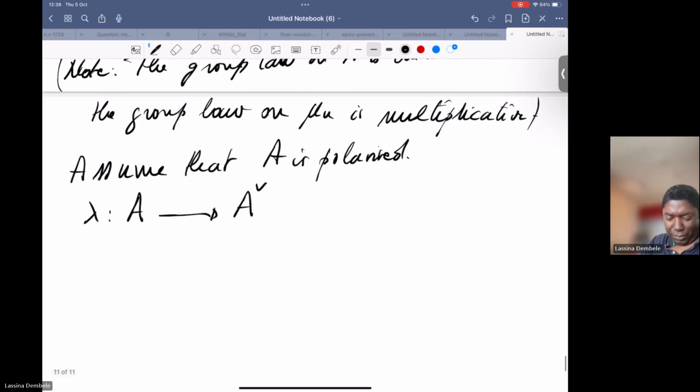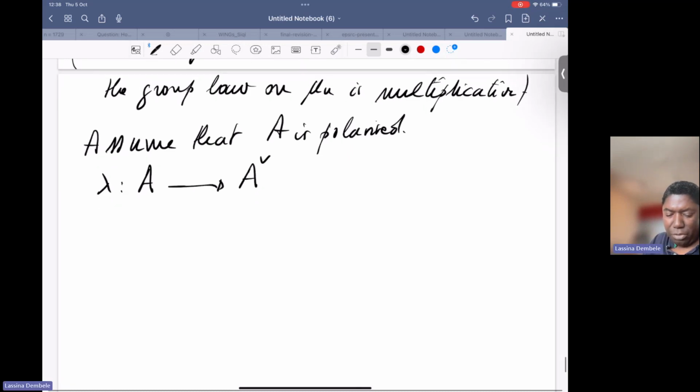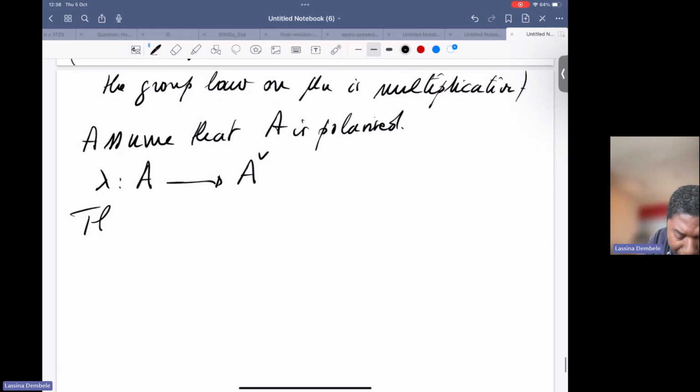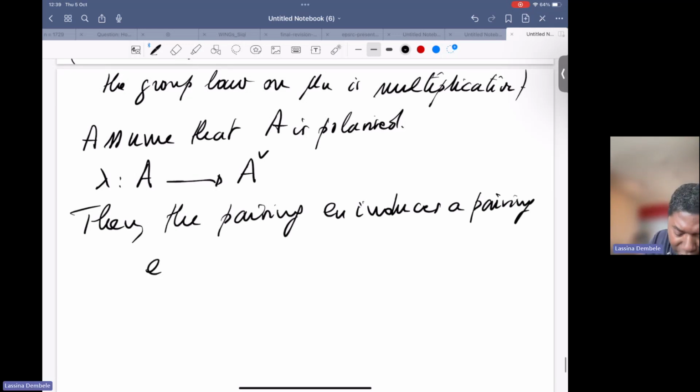Then the pairing e_n induces a pairing which I'm going to call e_n lambda.